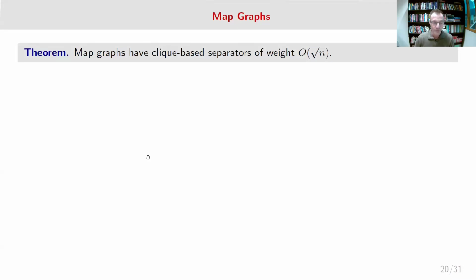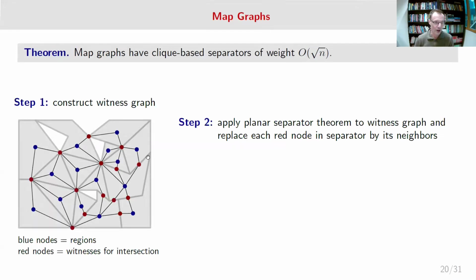Map graphs. Let me give you a different construction for map graphs. Here you see a gray subdivision, where the nodes are these regions. Instead of drawing the map graph, I've drawn a witness graph, which has a node for every region, the blue nodes.